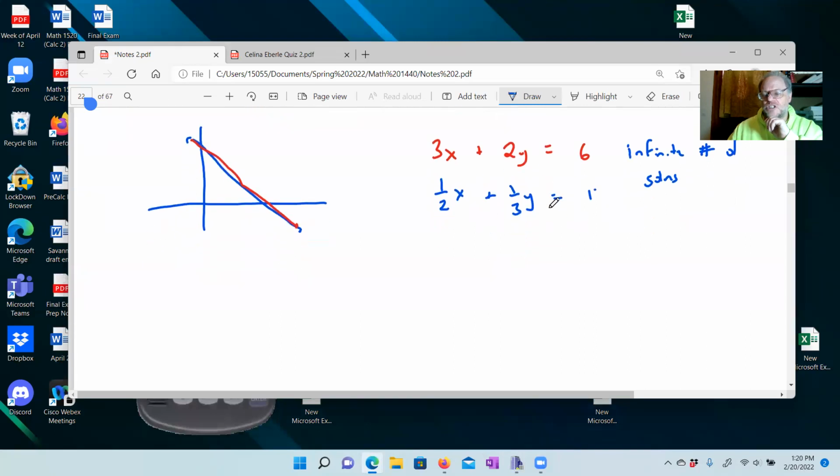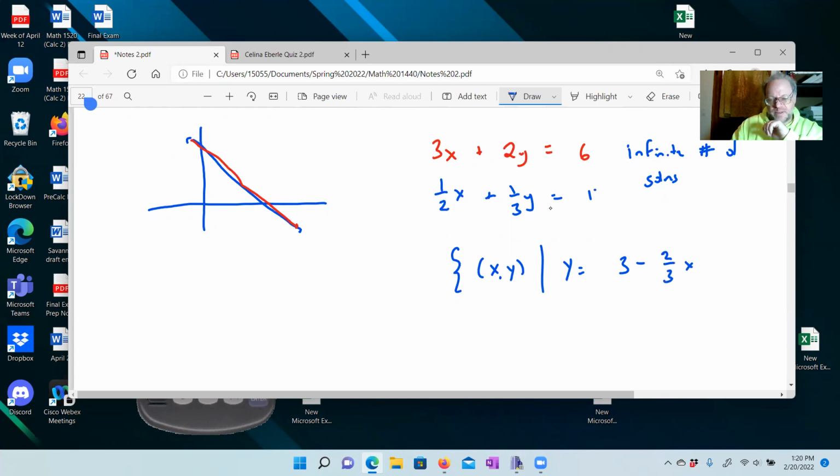Usually you're going to write this in set builder notation. You're going to say something like (x, y) such that y is equal to 3 minus 2/3 x, or something.